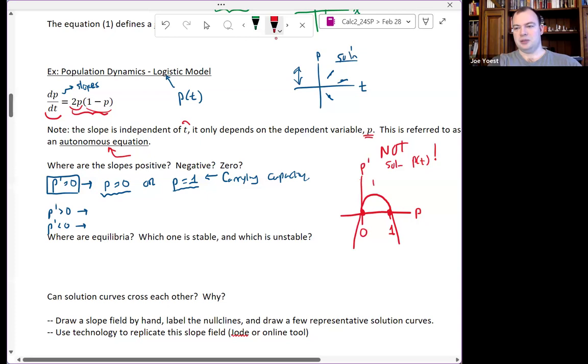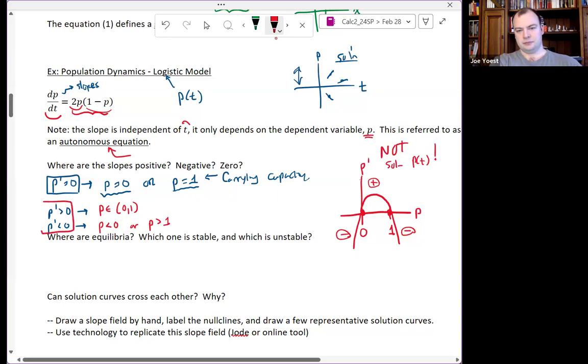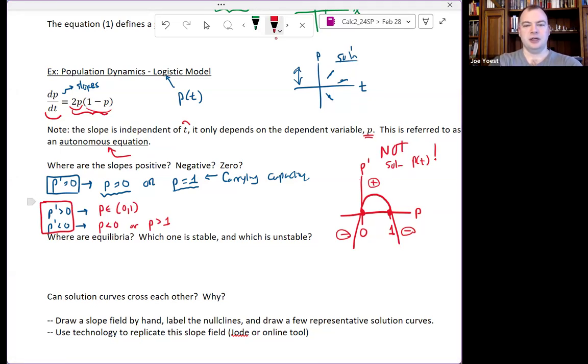So p prime is positive for p between 0 and 1, negative otherwise. So I now know where my slopes are positive, where they're negative, and where they're zero, representing equilibria.